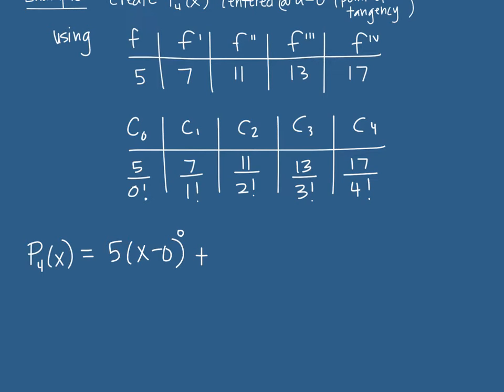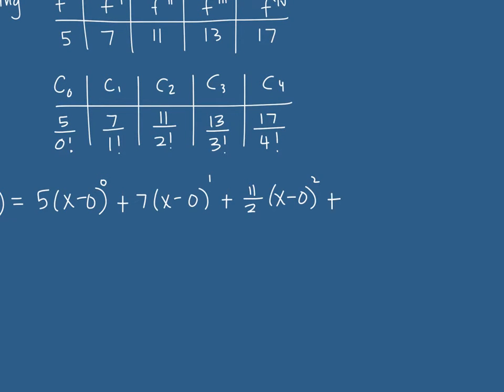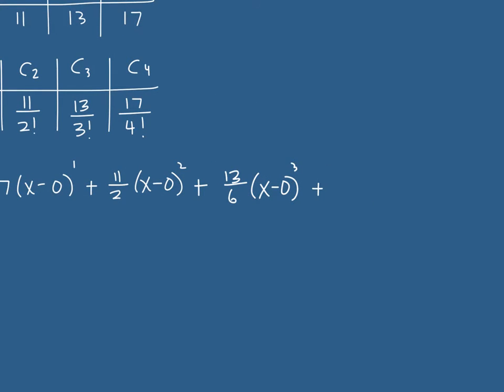Next one, 7 divided by 1 factorial is 7, x minus 0 to the first. 11 over 2 factorial is 11 over 2, x minus 0 squared. Okay, 13 over 3 factorial, that's 13 over what? 6 times x minus 0 cubed. And the last one is 17 over, very good, 24 is 4 factorial, times x minus 0 to the fourth.